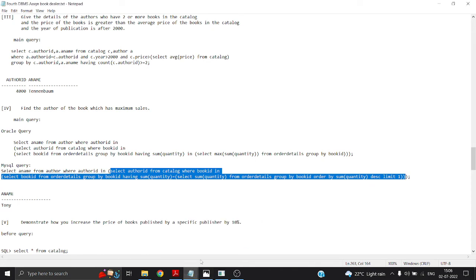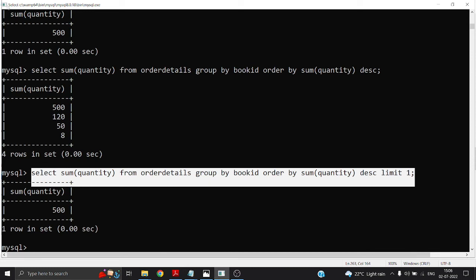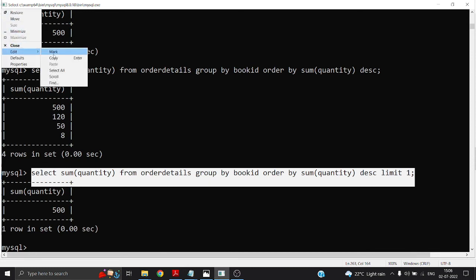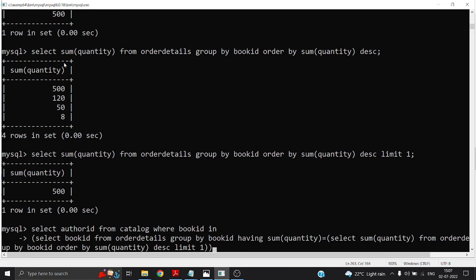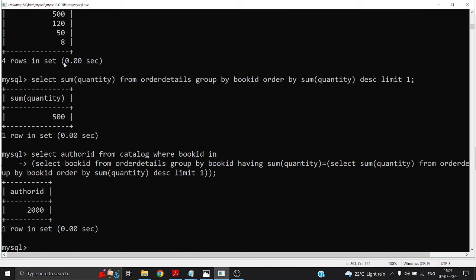In order to understand any query, we need to do part by part execution so that we get some basic idea about every query. Now again that has been extended: select book ID from order details group by book ID having sum of quantity.